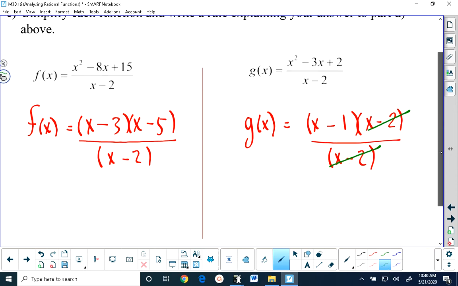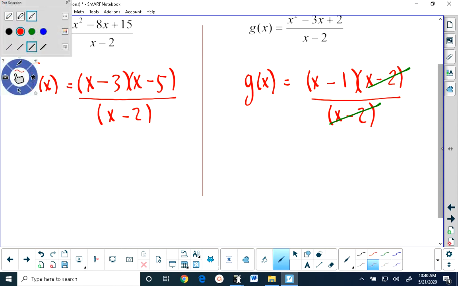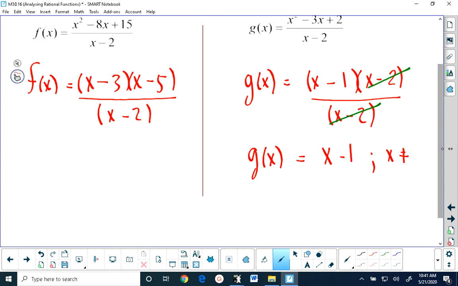By the way, when we write this function for g of x, and we cancel those x minus 2's, if I write x minus 1, that is not correct. I need to also say that x can't equal 2. Because if I graph x minus 1, it's going to be a straight line with no holes. I need to include that hole.